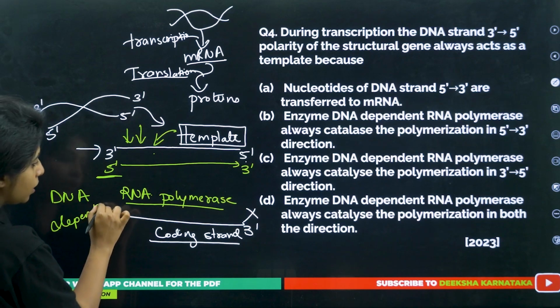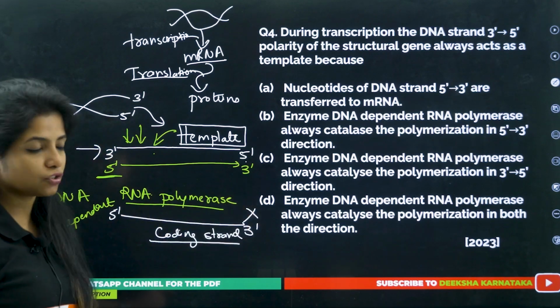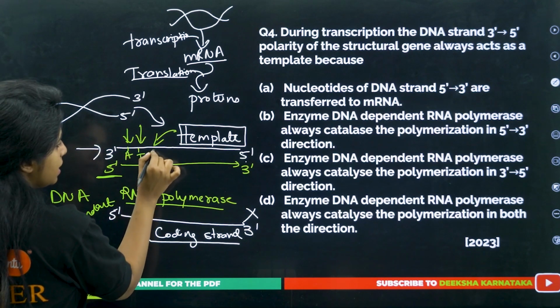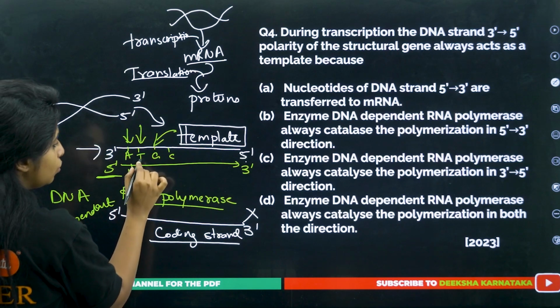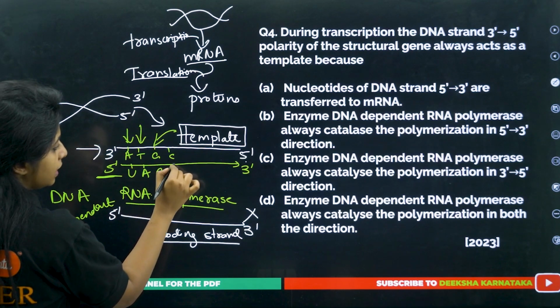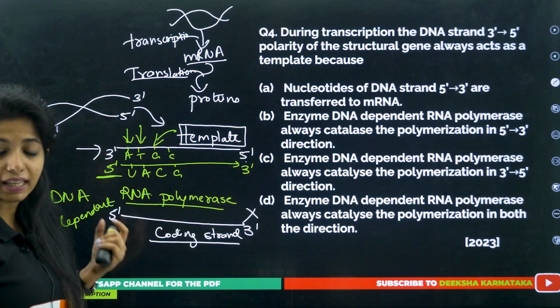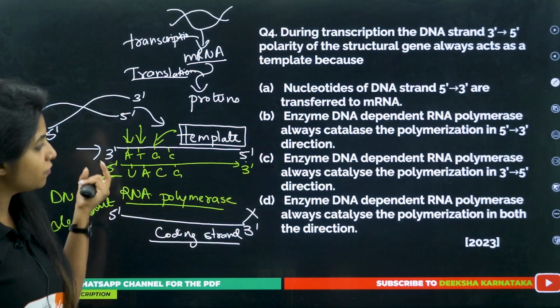They are dependent on the DNA for making an RNA strand. How? For example, if it is A, T, G, C, in the mRNA it will be U, A, C, G. So complementary to it, it will be making a strand, which is why I say that it is DNA dependent RNA polymerase, and its polarity is from 5' to 3'.